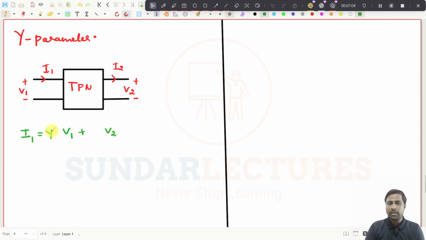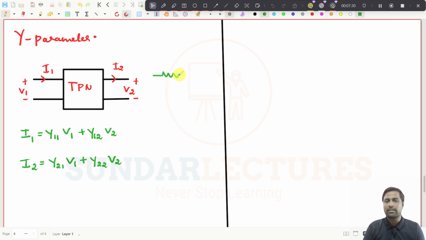What will be the expression? It has to be admittance: Y11 and Y12, and I need to write the expression of I2 in terms of V1 and V2. What will it be? It will be Y21 and Y22. And I have already told you, if your circuit is like this, the impedances are like this: Z1, Z2, it may be Z3.